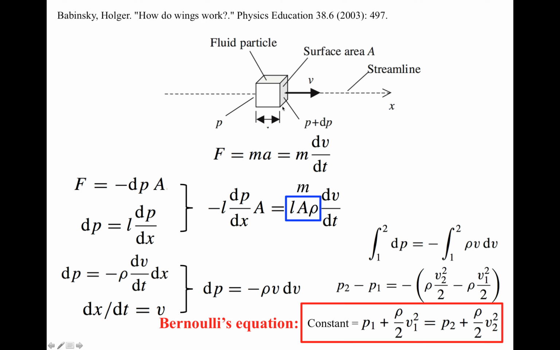The cross-sectional area of the particle is big A, and the length is L, so the volume is A times L. So now we have a new expression for Newton's second law for this particular fluid particle along the streamline.